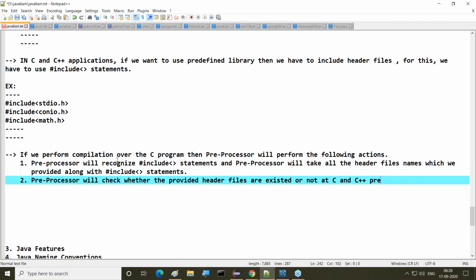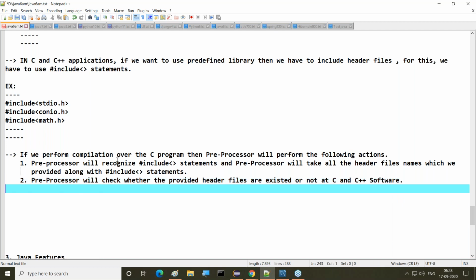That means the preprocessor will go to the C and C++ software, where it will check whether these provided header files exist or not.